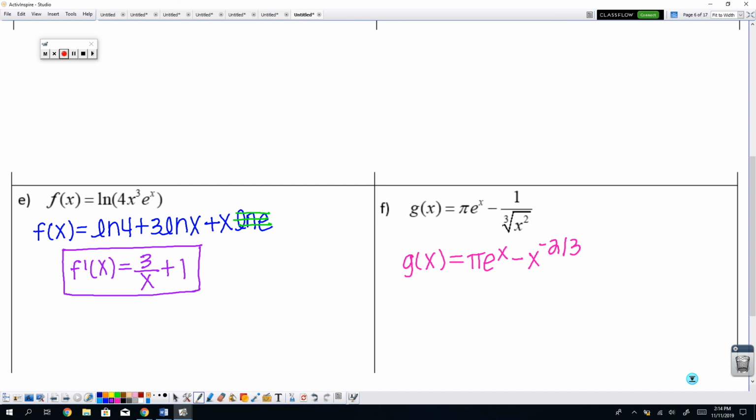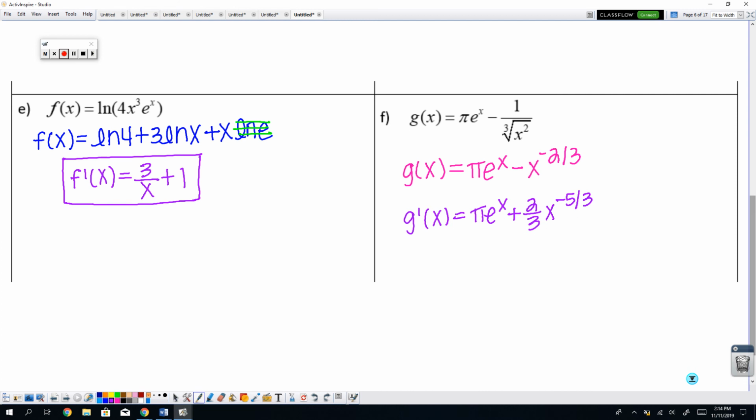So e to the x, the derivative of e to the x is e to the x. So we have pi e to the x plus 2/3 x to the negative 5/3, and then we just rewrite.